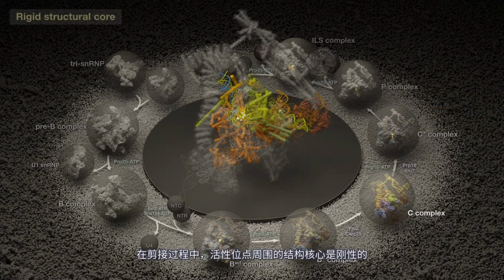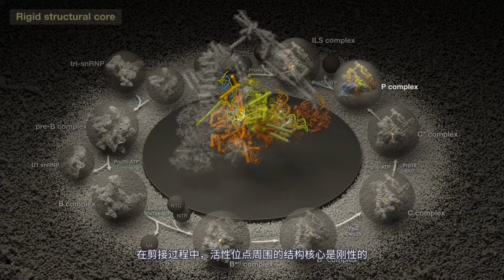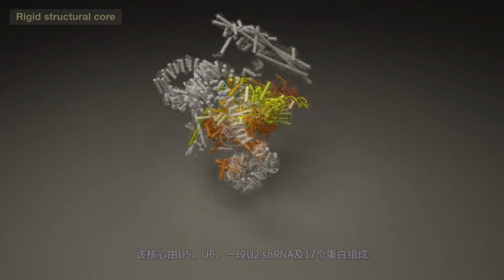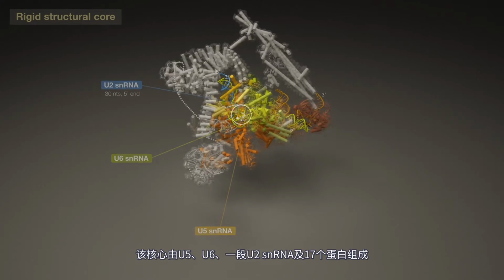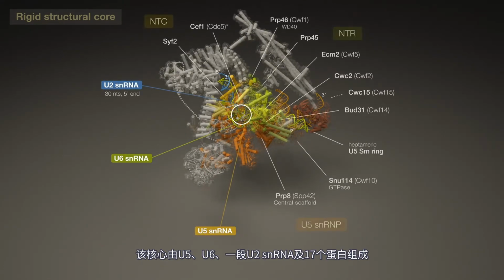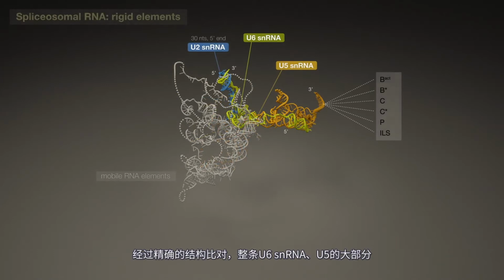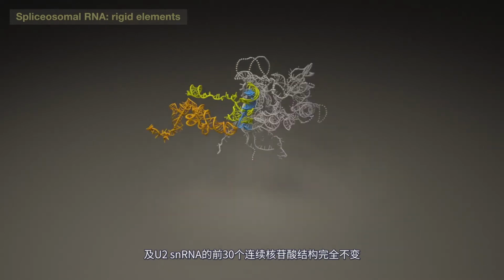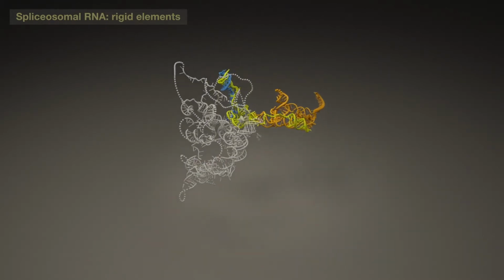During splicing, the structural core surrounding the active site is rigid. It consists of U5, U6, and a stretch of U2 RNA, as well as 17 associated proteins, which stabilize these RNA elements and shape the active site. The full span of U6, most of U5, and 30 consecutive nucleotides of U2 RNA are precisely aligned.